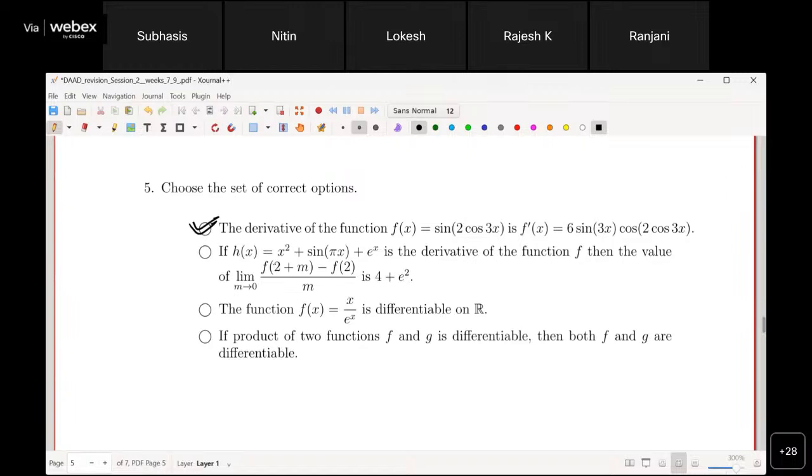I think the first one is wrong. Can you tell me why? Because the derivative of the cosine function is always negative, but here we are seeing a positive number. Yeah, correct.